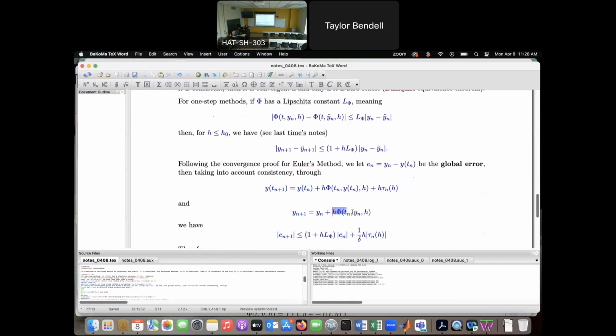And then this minus this gives me H times the Lipschitz constant times the difference in the y arguments, yn and y of tn, but that's En again. And then I also have this local truncation error term here, so I just need to get rid of this 1 over delta that shouldn't be here. Now I have this relationship between new error and previous error, and then we have this local truncation error term.